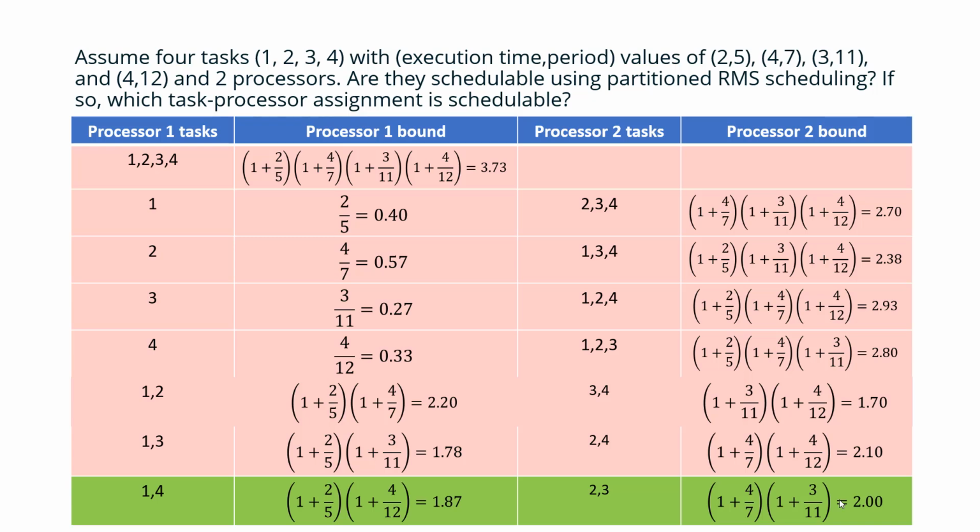In this case, it's equal to 2 here, and it's equal to 1.07. So it turns out that you can schedule these, but it's not easy, because there's only one possible way to assign these tasks to the processors in which they'll schedule. So tasks 1 and 4 are on processor 1, tasks 2 and 3 are on processor 2. Any other assignment will not meet the RMS bound.